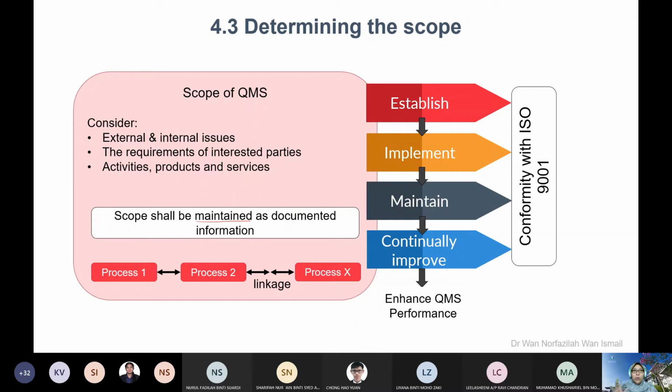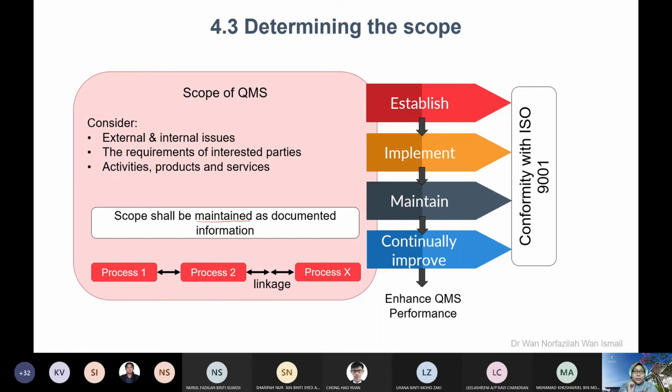Instead of only water analysis, you want to do biochemicals analysis. Anything involving biological process is under biochemistry, so biochemicals analysis. You want to extend the scope of your laboratory, then you can update the documented information.